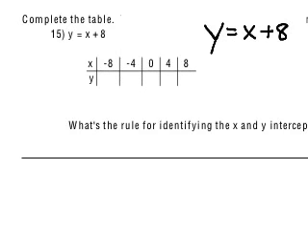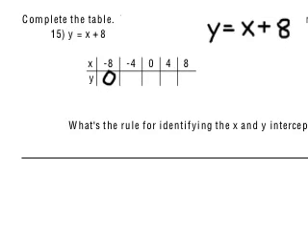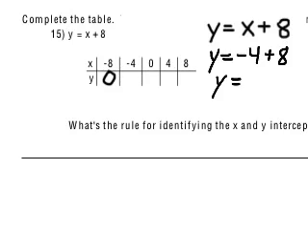Alright, so we'll start out with negative 8. When x is negative 8, now since we have it in this form, it's actually a little bit easier. Negative 8 plus 8, 0. Okay, so for y is 0, this is our x-intercept, right? Okay, we'll plug in our next one. Y equals negative 4 plus 8. So y equals 4.